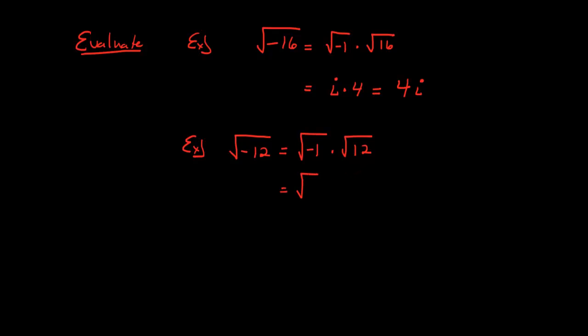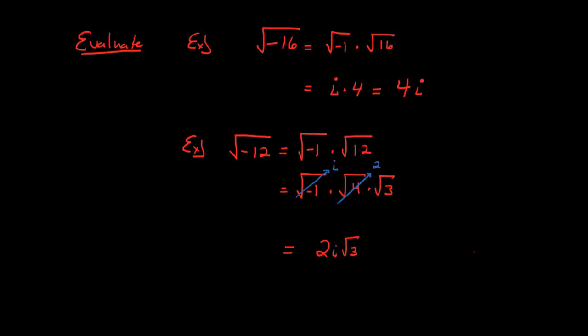This I'm not going to simplify yet because I want to break that square root of 12 into a perfect square, so we're going to have square root of 4 times square root of 3. We know that square root of negative 1 is equal to i, and the square root of 4 is equal to 2. So we could write this solution as 2i root 3.